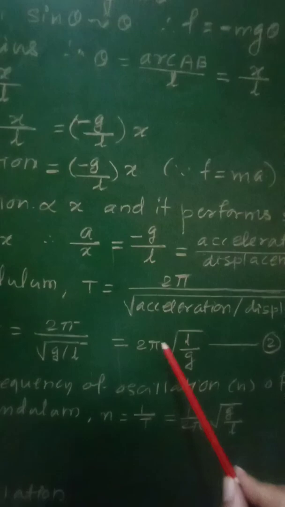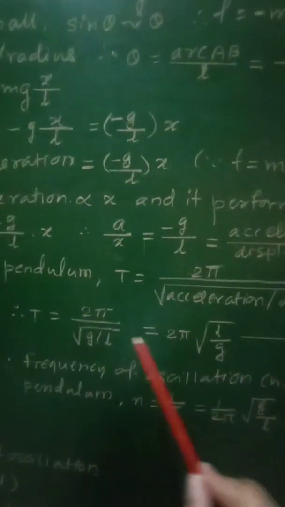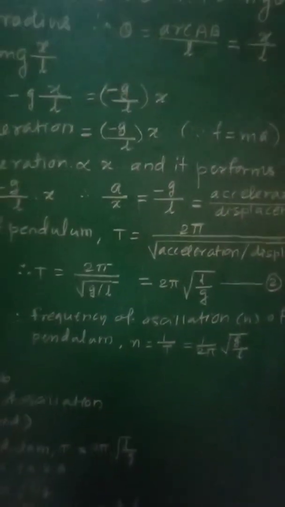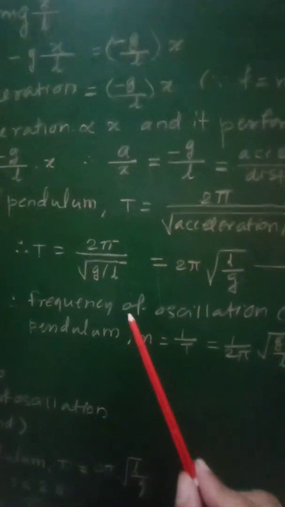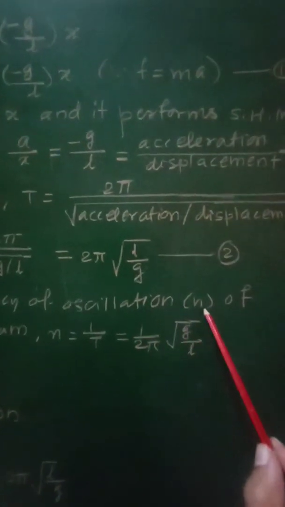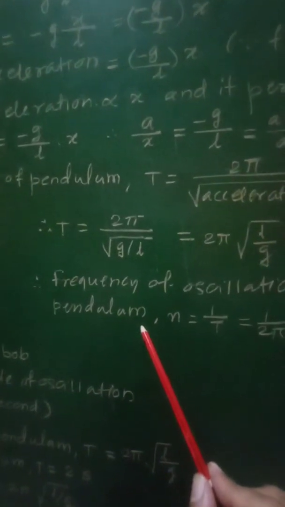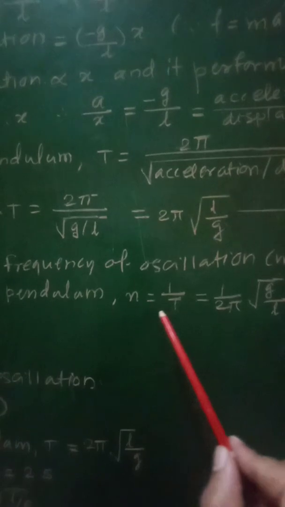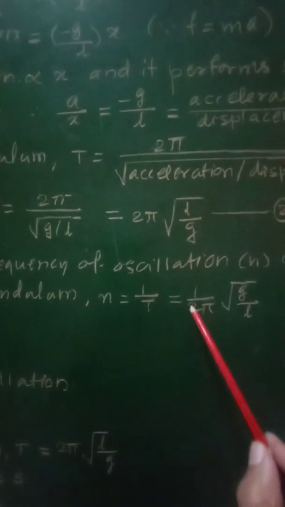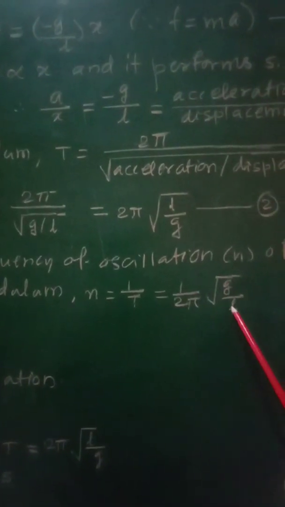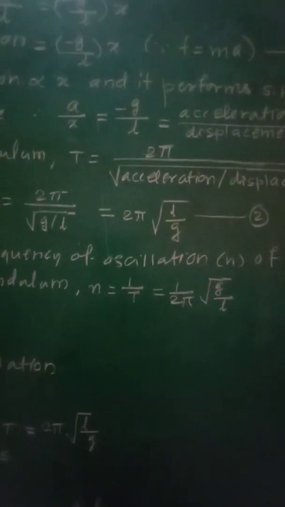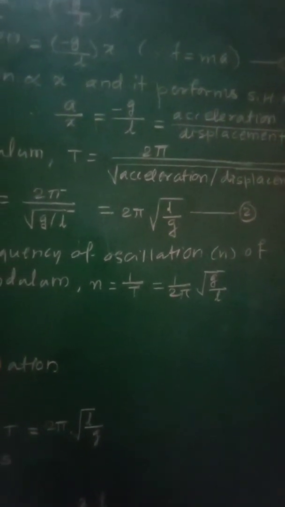So by considering these assumptions, this period is obtained, that is T equals 2 pi square root of L by g. Now if you consider the frequency of oscillation n of that simple pendulum, then it will be given as n equals 1 by T, which equals 1 upon 2 pi square root of g by L. So this formula represents the frequency of oscillation of that simple pendulum.